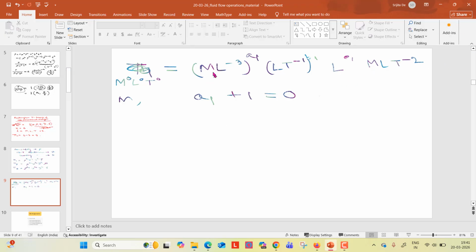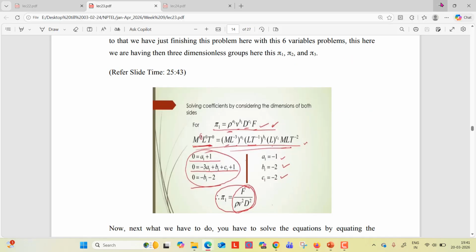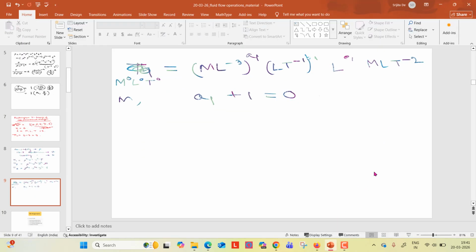So M has a1 to the power in the right hand side and M to the power 1. So a1 plus 1, and in the left hand side is 0. So I have written it opposite, but I know you can get it. So now we have got that a1 equals to -1. Similarly, for L, it is -3a1 plus b1 plus c1 plus 1 equals to 0.